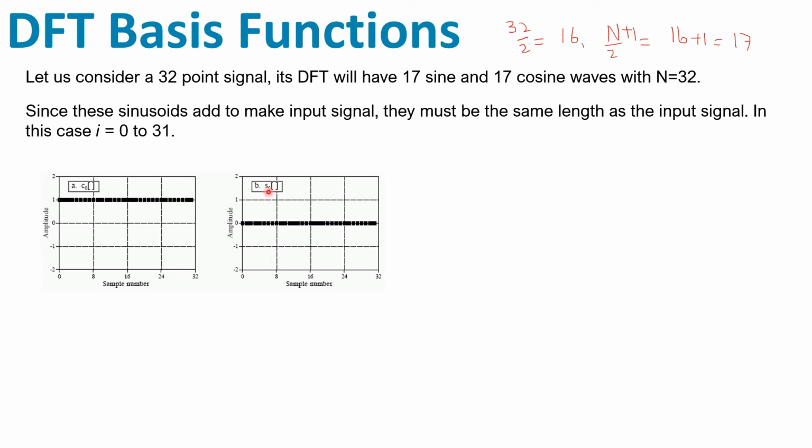Sine of 0 is 0, so the whole signal will be 0, and its length will also be 32 samples, the same as the original. The second component will be C1 and S1, with 1 frequency, and the third one will be C2 and S2, with 2 frequency.